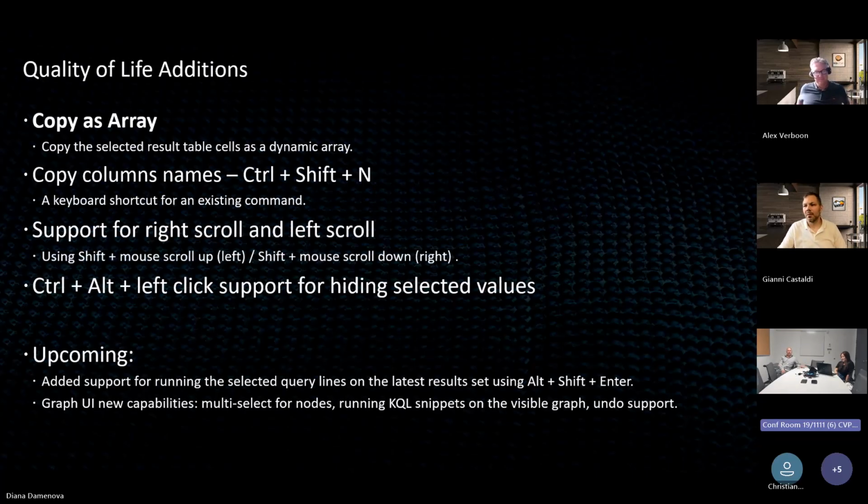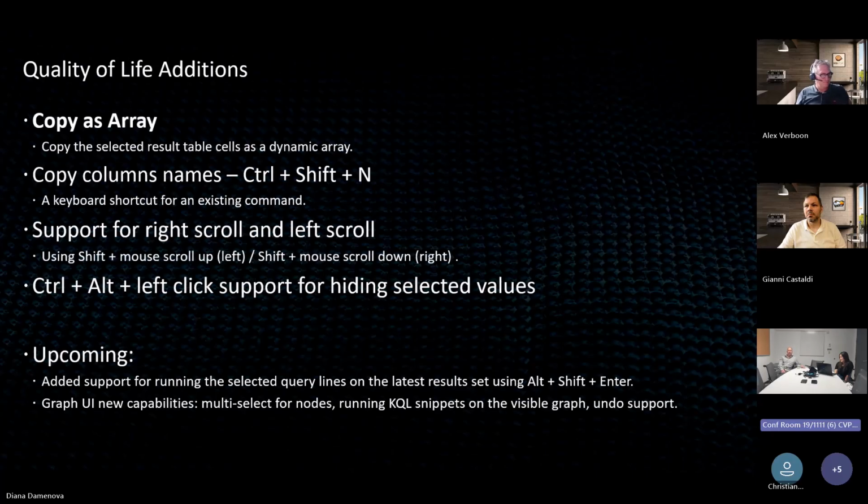So one thing that we've added is using Shift plus mouse scroll up for left or down for right, so you can scroll around. If you have a huge query or huge set of results and you just don't want to go with the mouse and stretch the scroll bar here or there, you can just do this and scroll right or scroll left, which is pretty nice.